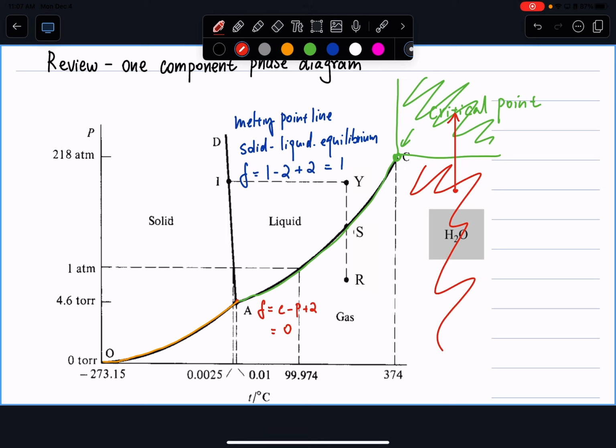So no matter how large I increase my pressure to, I can never liquefy my water vapor back into liquid water. So that's the physical meaning of the critical point. Or the more scientific way to put it is that beyond the critical point, isothermal compression of the gas does not lead to liquefaction.